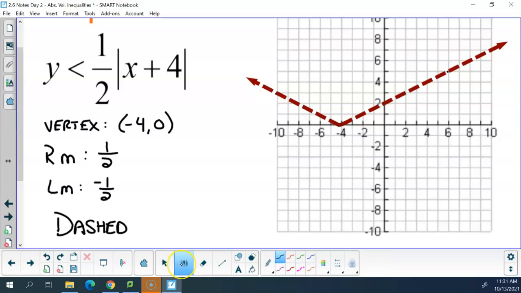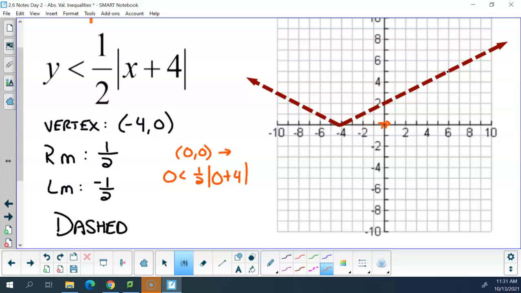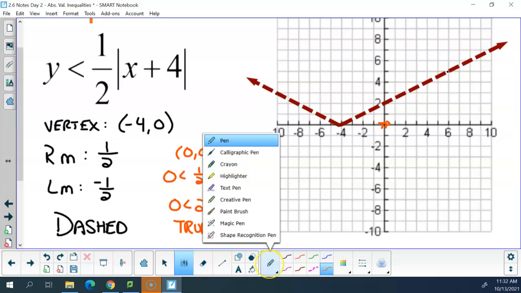Test point, 0, 0. Zero plus 4, 4. Absolute value times 1/2, 2. Is 0 less than 2? Yes. That is true. So where am I shading? The outside.